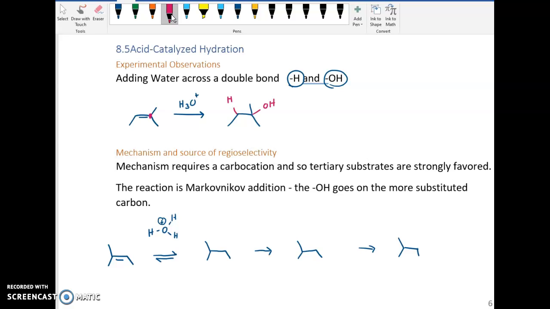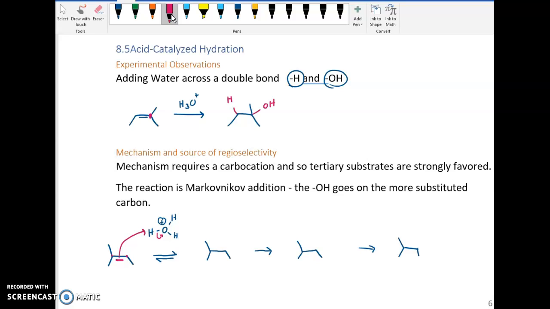We're going to have a pi bond here, and these electrons are going to snatch this proton, and the electrons attaching it to the oxygen are going to go back on the oxygen. Okay, so the hydrogen can go here or here.